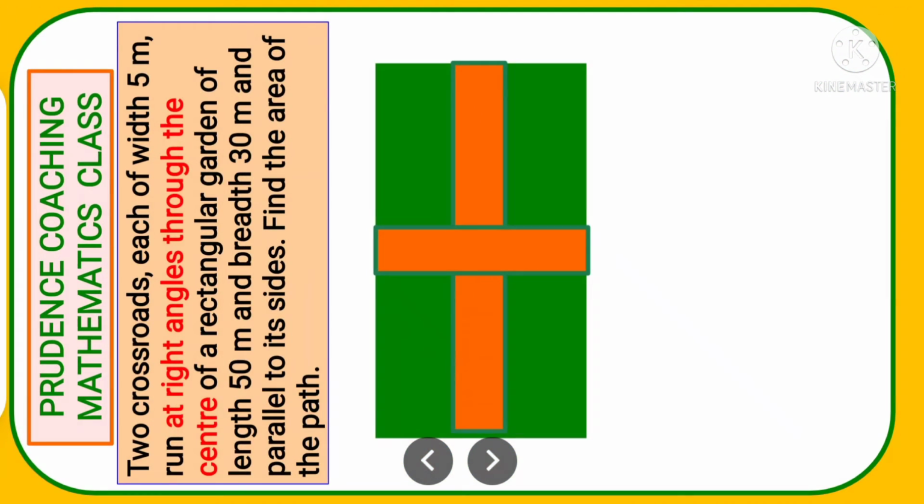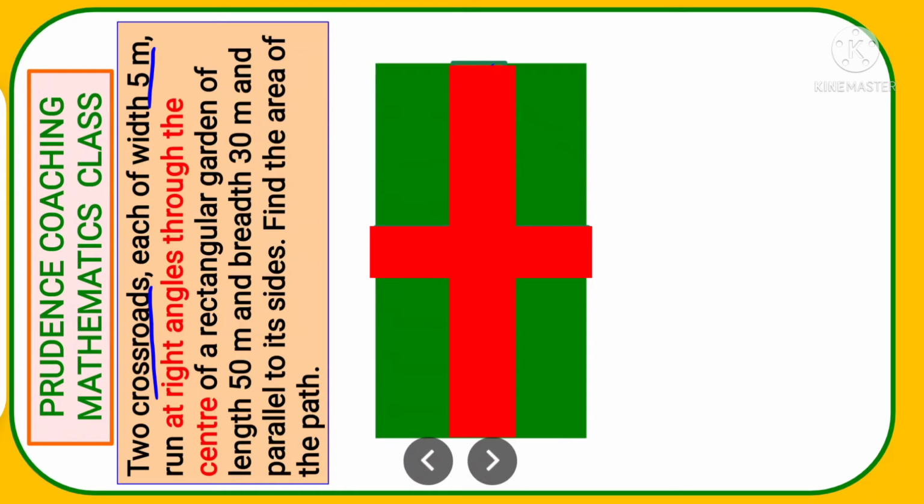Let's start with the last type. Here, as you can see, two crossroads: this one is a road and this orange part is another road, each 5 meter wide. That means this is 5 meter wide. The roads run at right angles through the center.